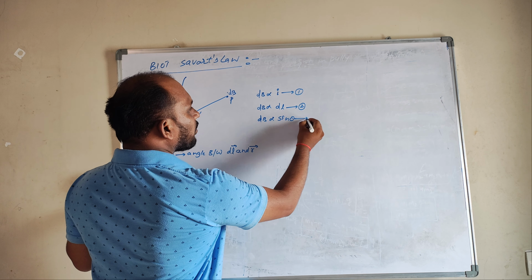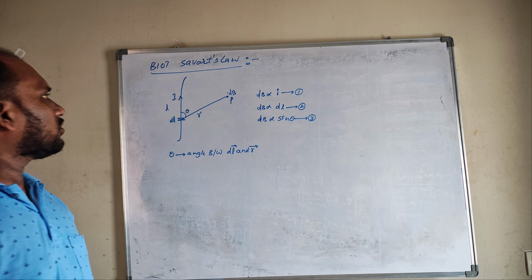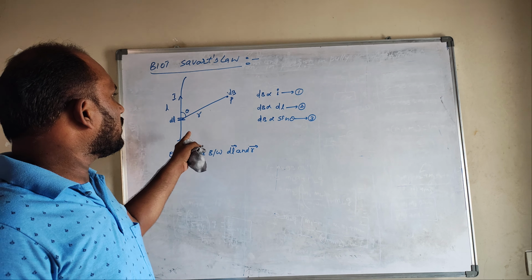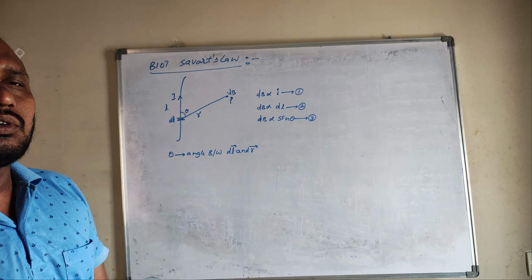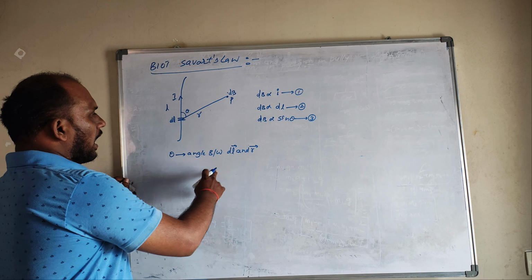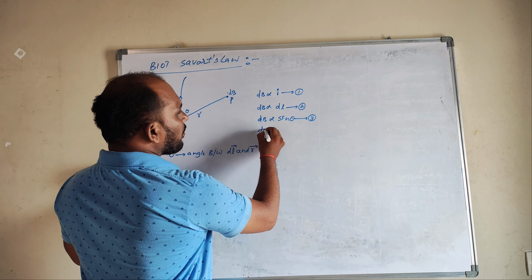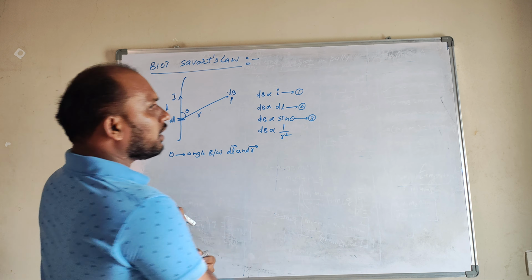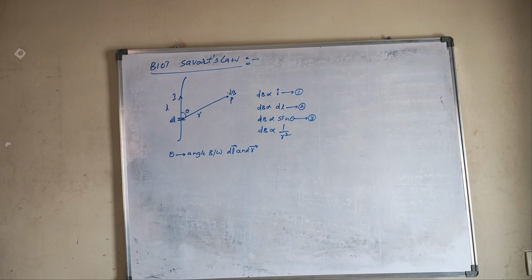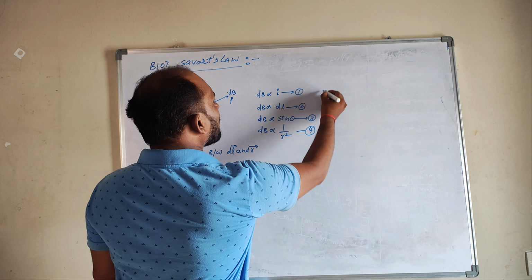It also depends upon the angle. The magnetic field created by this current-carrying conductor is directly proportional to the sine of the angle between dl and r. Lastly, dB is directly proportional to 1 by r square, so the distance is inversely related.